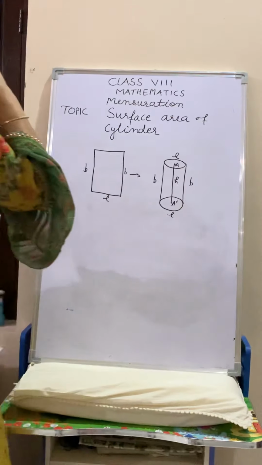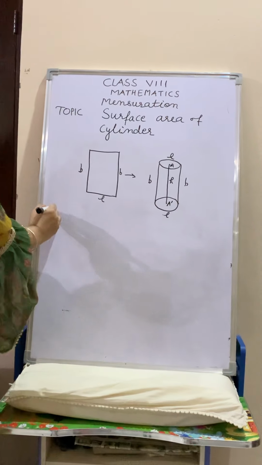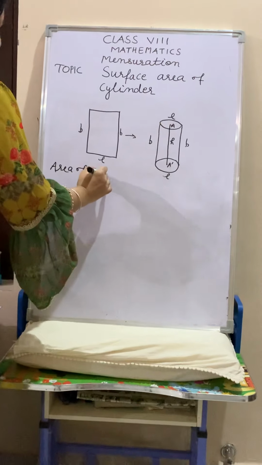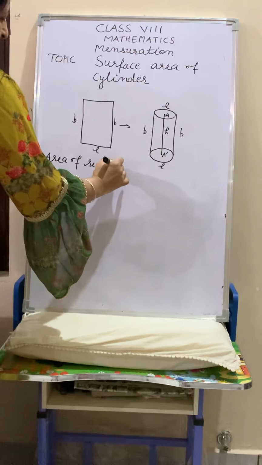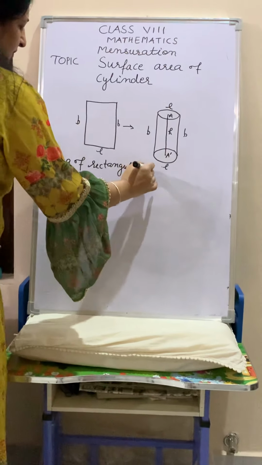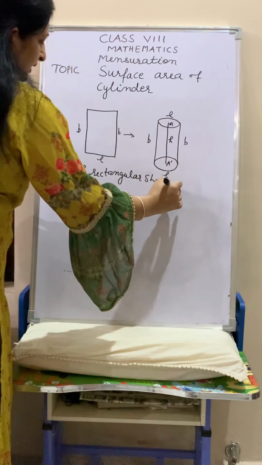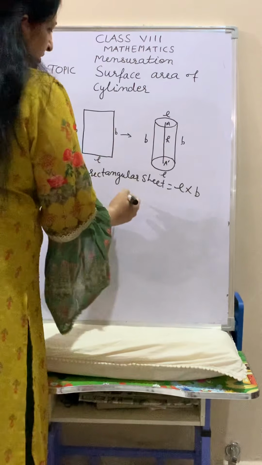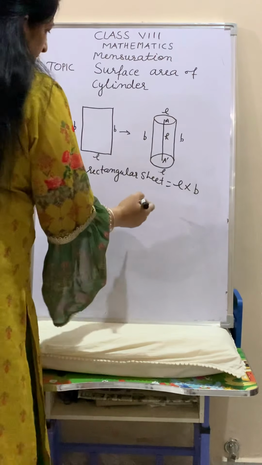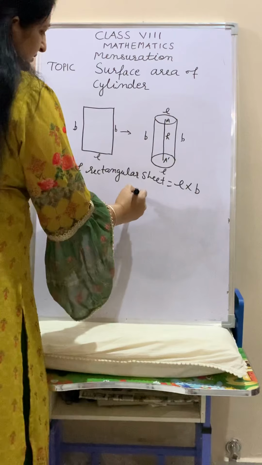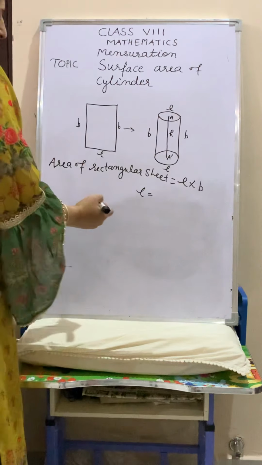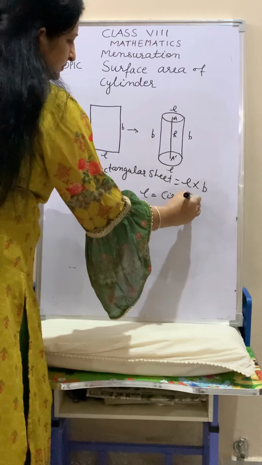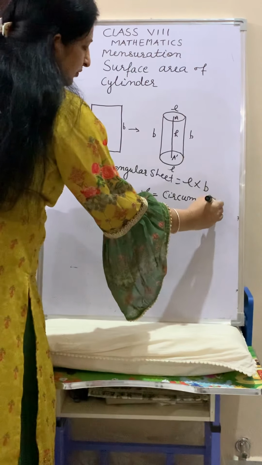When we find the area of this rectangular sheet, the area of the rectangular sheet is length multiplied by breadth, in which what is L? It is the circumference of the base.